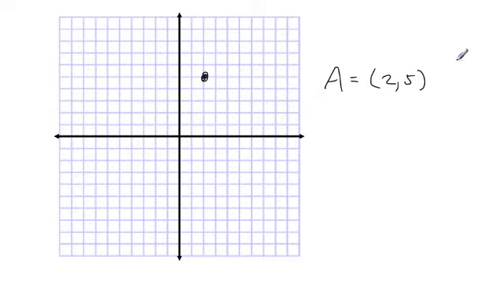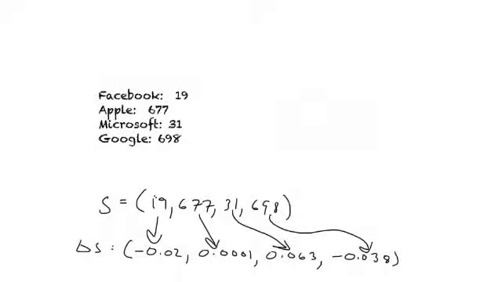So in this sense, the list A represents a point in space. In this particular case, the space is the Cartesian plane. In our previous example with the stocks, this represents a point in space also. The space, in this case, is the prices of these 4 stocks.